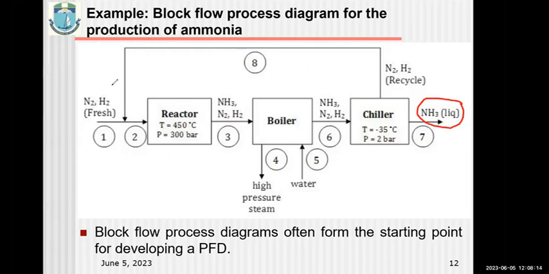And where are we producing the ammonia from? We are producing ammonia from nitrogen and hydrogen.